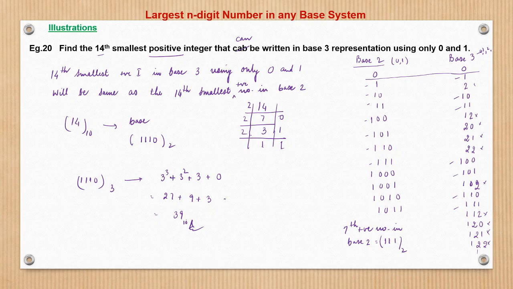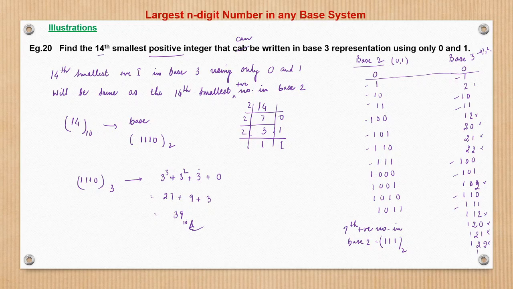So 39 is the answer in decimal form in base 10. This is a very important concept, and on this basis we can use base systems in different real life applications also. If only two digits, 0 and 1, are used, the nth smallest positive number will be the same as the nth smallest positive number in the base which only has those two digits, right?